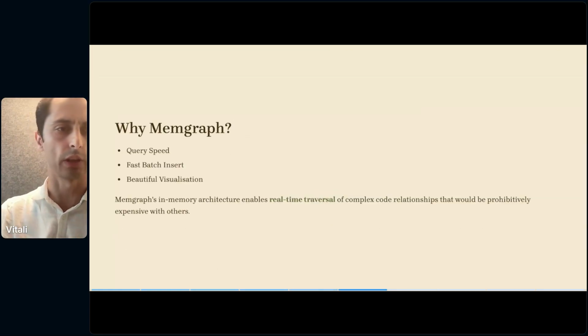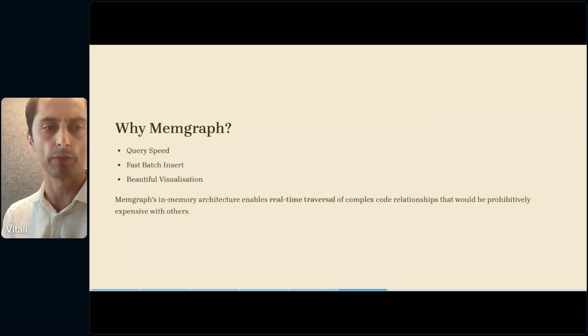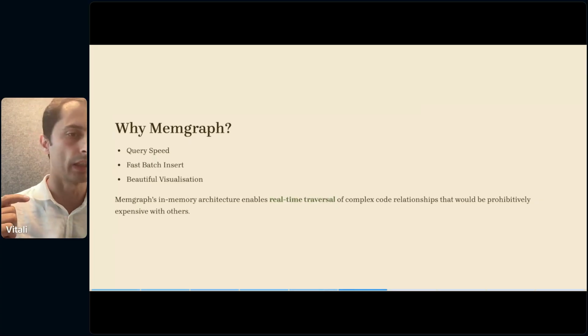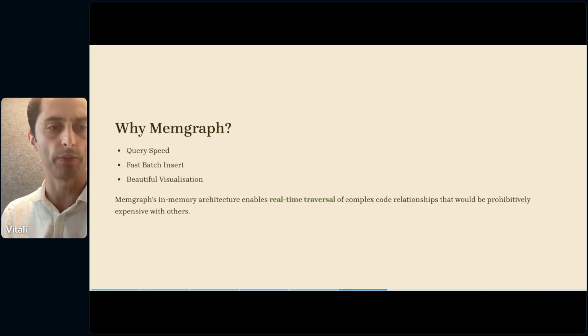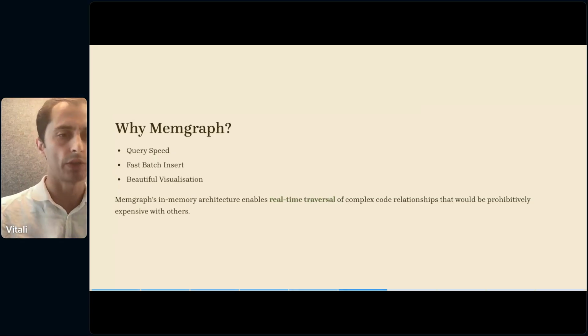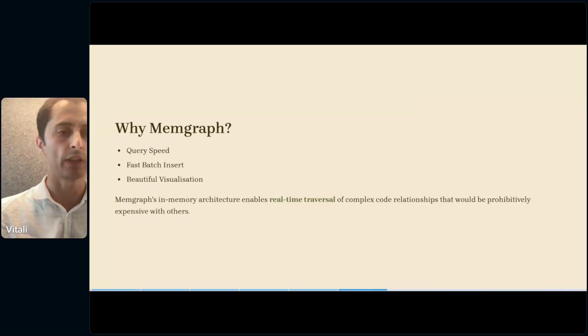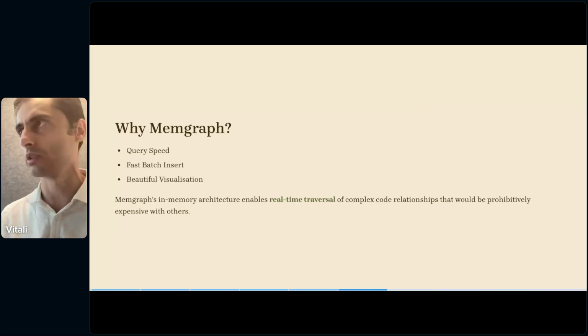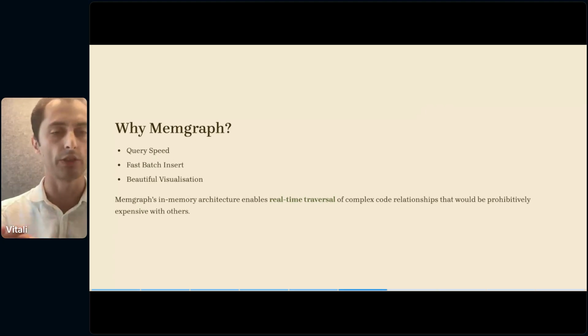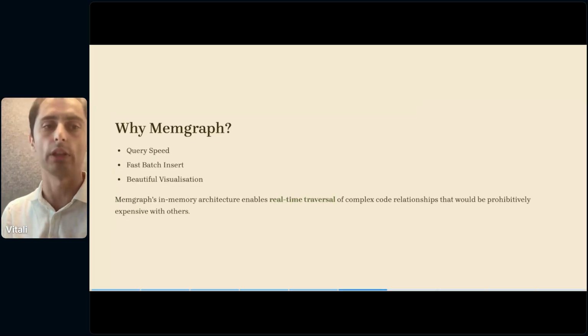So about Memgraph, we mentioned speed and memory. It's mostly about the query speed, fast batch insert, and beautiful visualization. Fast batch insert is important because when you are defining the relationships in a code base, you want to add them as a batch, and Memgraph is really good at that.